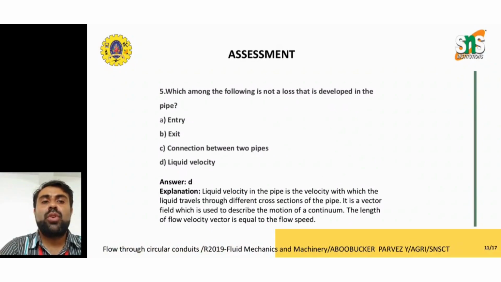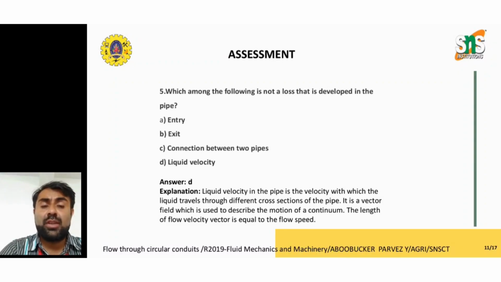Then you have, which among the following is not a loss that is developed in a pipe? Is it entry, exit, connection, or liquid velocity? Liquid velocity in the pipe is the velocity at which liquid travels through different sections across the pipe. It is a vector quantity, a vector field, which is used to describe the motion of the continuum. The length of the flow vector is equal to the flow speed.